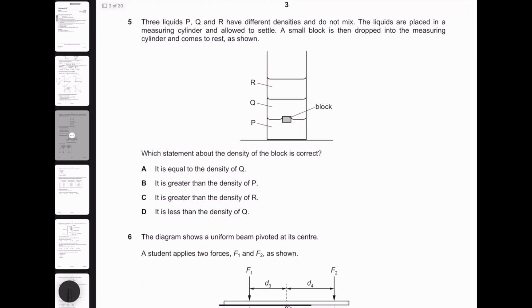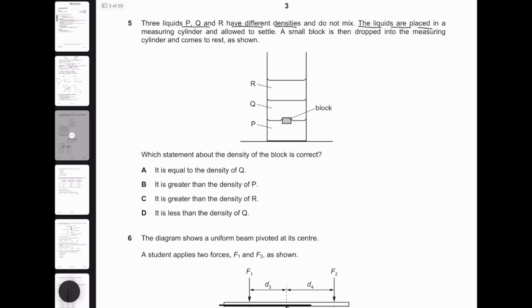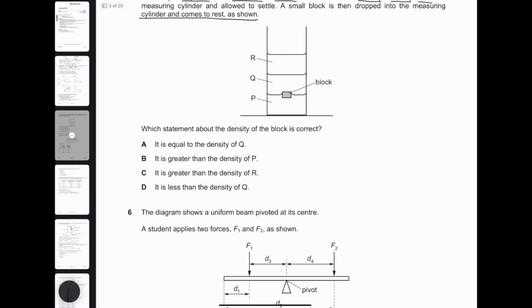Now, three liquids P, Q, and R have different densities and do not mix. All right. The liquids are placed in a measuring cylinder and allowed to settle. A small block is then dropped into the measuring cylinder and comes to rest as shown. So you drop the block from here, it slowly went down and it is at rest here.